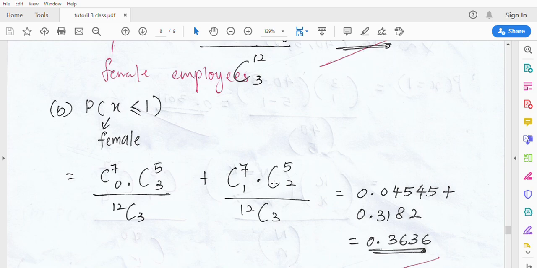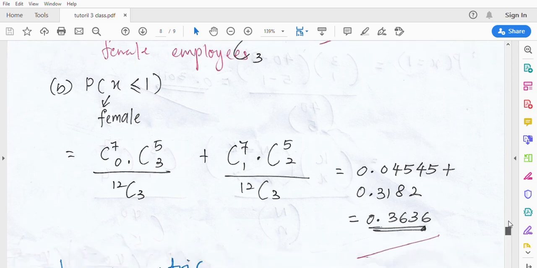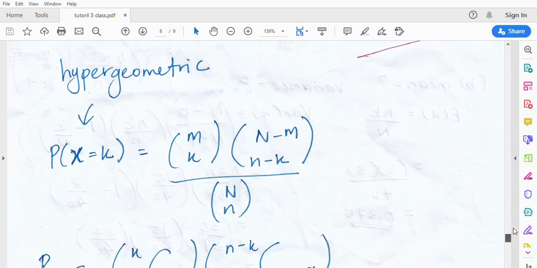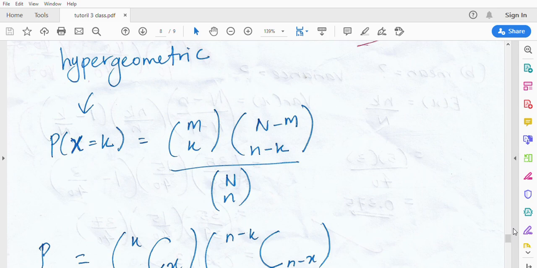If you realize, the total is always 3, 2 plus 1 is 3, and 7 plus 5 is 12. So here is P(X = 0) and P(X = 1). We add them and we will get the answer 0.3636.